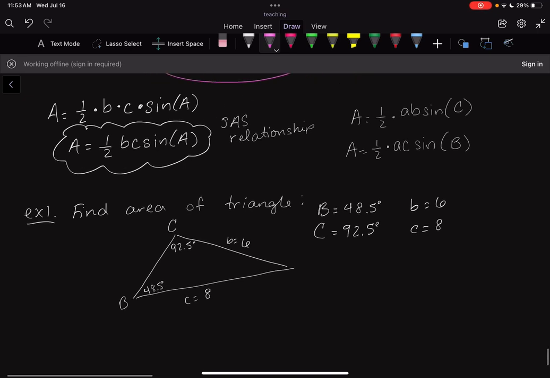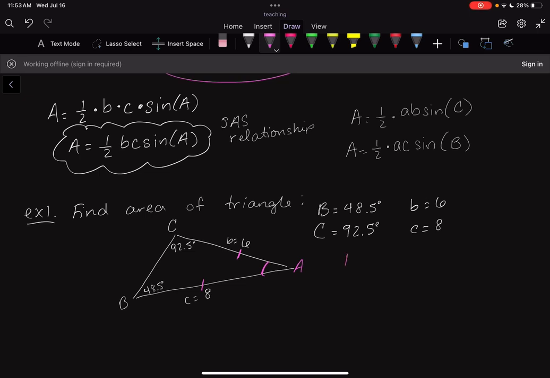So now the issue here is we want to find the area. We don't have a height. We also don't really have a side angle side relationship. I have a side and a side, but the angle between them would be right here. However, I can get that angle fairly easily because I know the other two angles. So first I need to go get that.